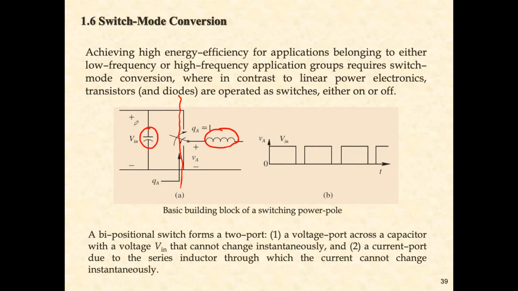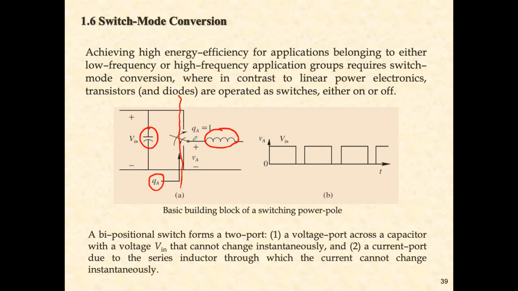Here we have the DC input, and then here is the switch. The switch can be up or down, controlled by the Q signal. When QA is equal to 1, it is up, otherwise it is down.